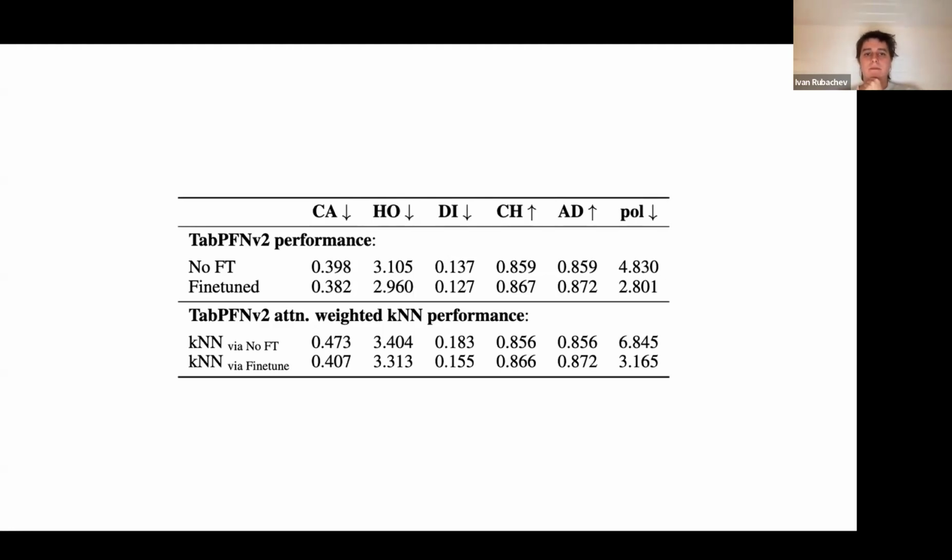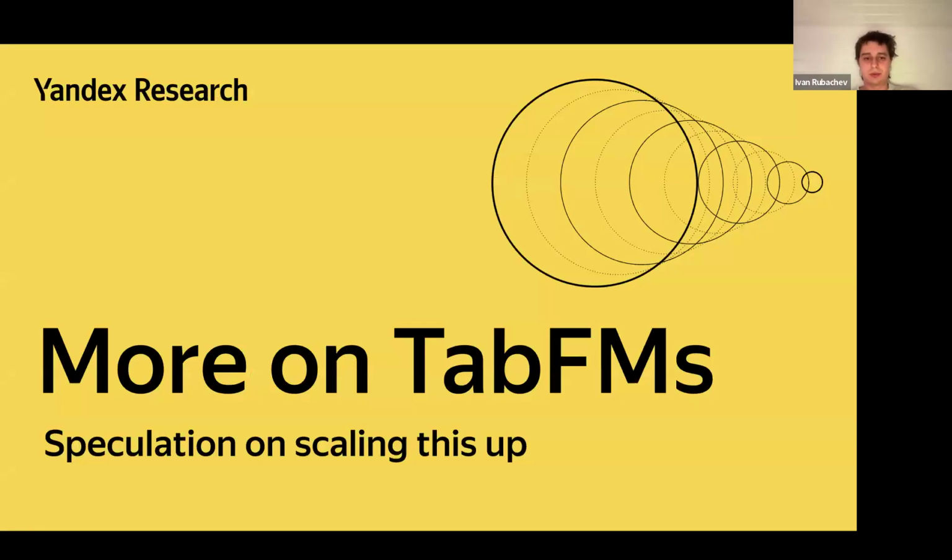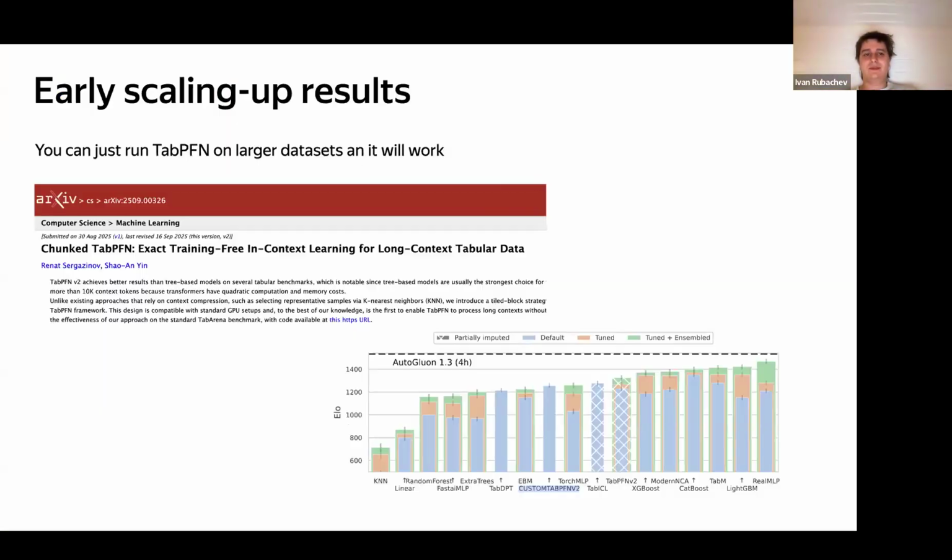So let's go ahead and speculate a bit and talk about more related work on tabular foundation models, some of which is from Yandex Research. Here, I would first talk about our efforts at scaling up the results even further.